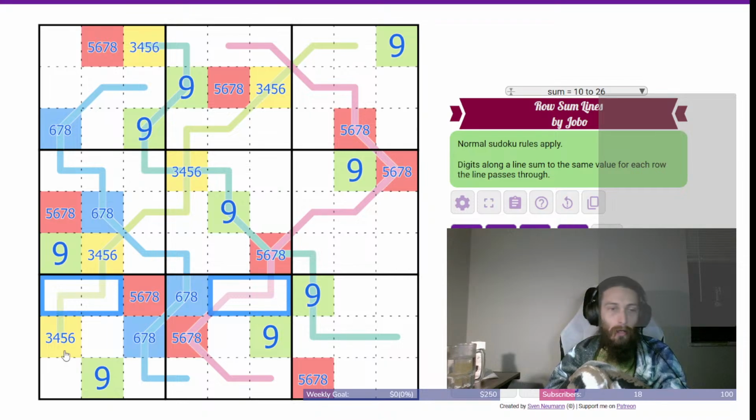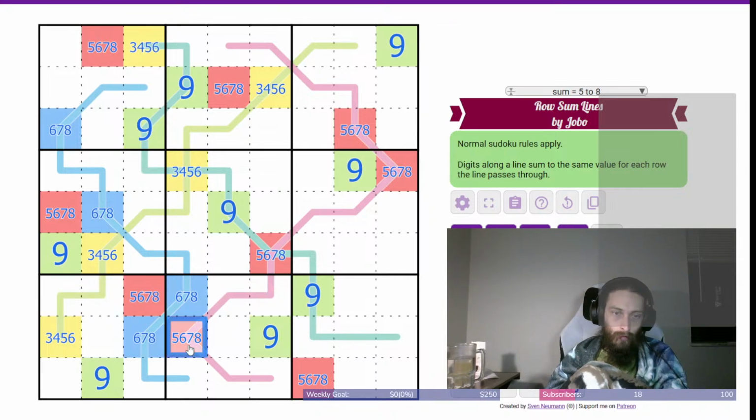Red and yellow have to be minimum 10, which means that red can't be 5, because yellow has to be smaller than red.